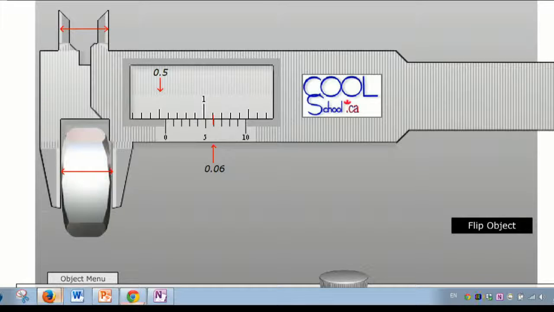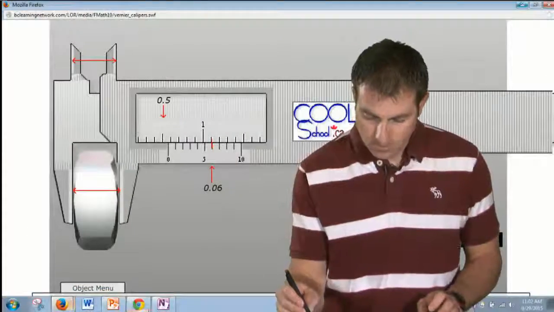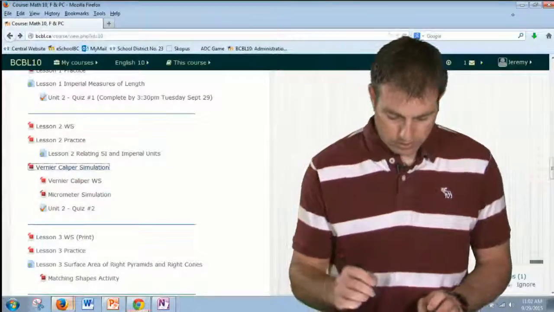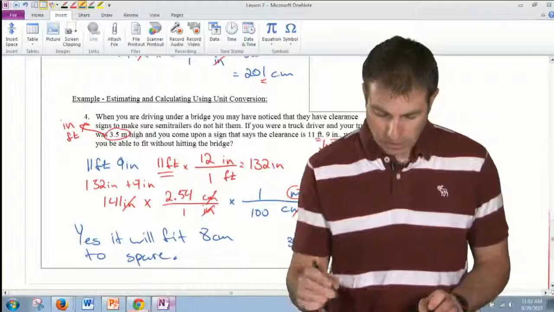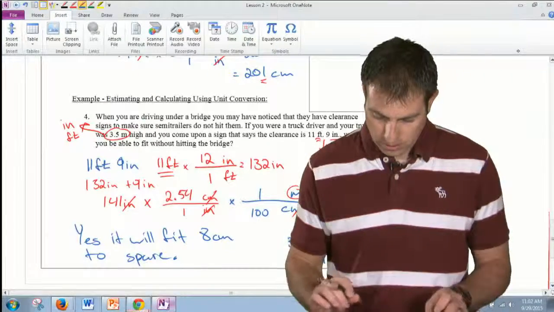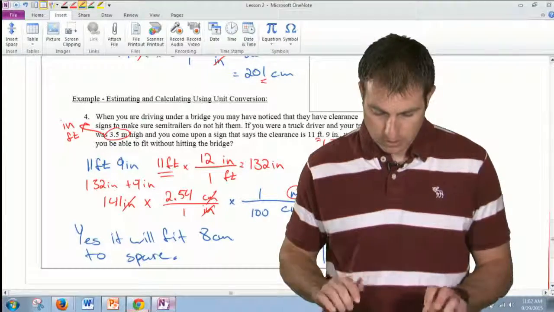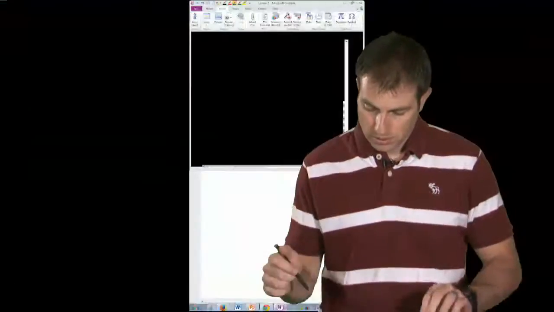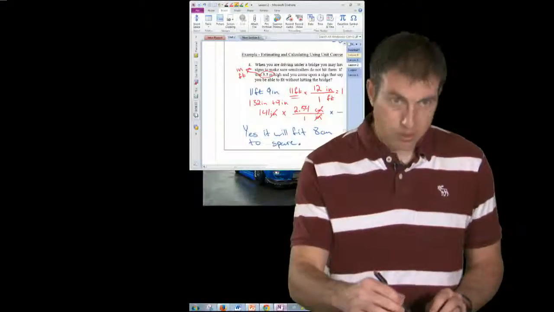So I've included in the course a few examples of reading this. If you don't have this printed off, it's not the end of the world, but I just wanted to make sure we can figure out exactly how to read one of these calipers.